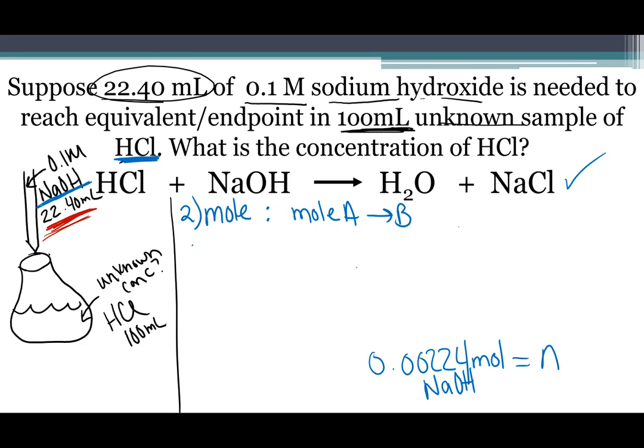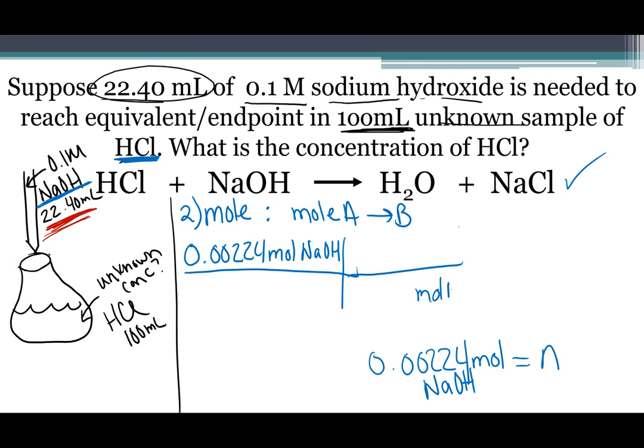I'm going to start a train track with this answer, 0.00224 moles of NaOH. Draw my train track. Moles of NaOH are going to go on the bottom. And what do you think is going to go on the top? Yeah, moles of our unknown. So moles of hydrochloric acid.